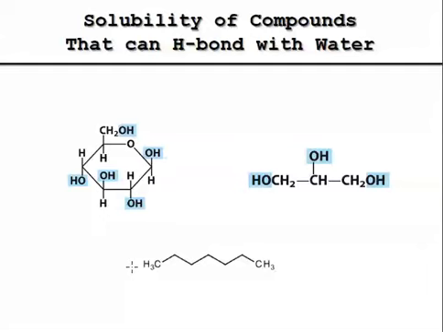There's not an appreciable enough difference in the electronegativity of carbon and hydrogen so that we have a polar covalent bond present. So heptane is a hydrophobic molecule, and it does not solubilize well in water.